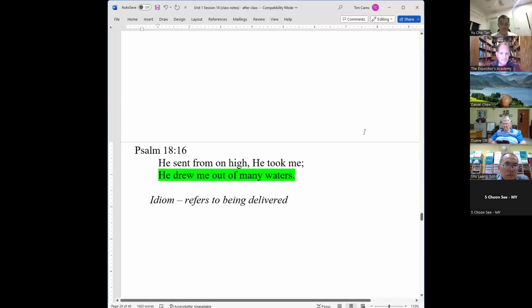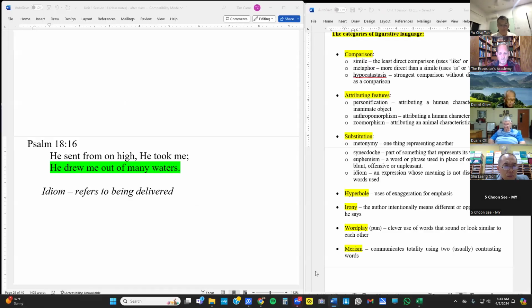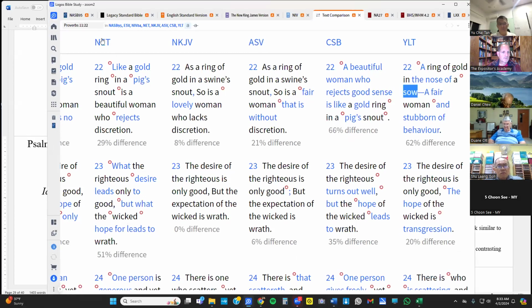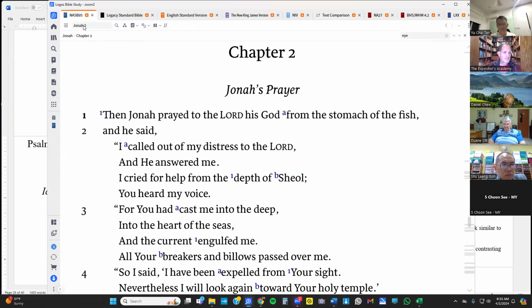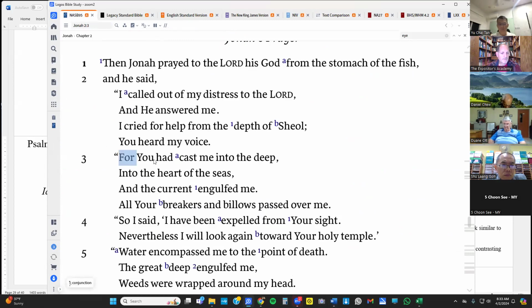Okay. Now, what just came to my mind was Jonah. When he says, I cried, you cast me in the deep, the heart of the seas, the current engulfed me, all about. This isn't figurative. This was literal.